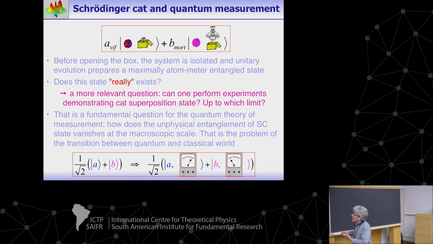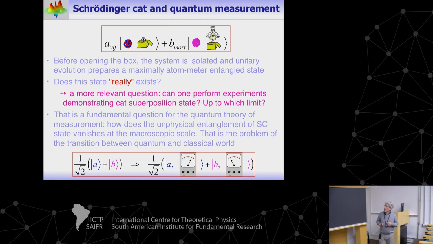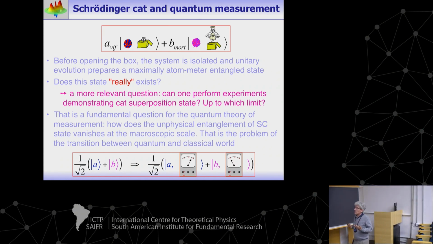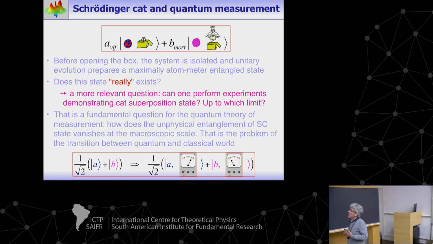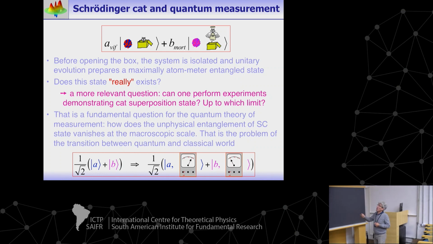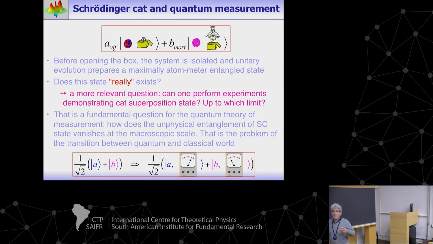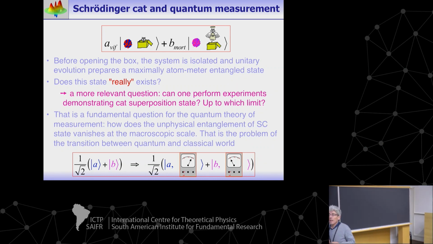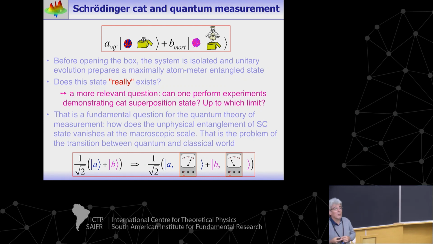And so the goal today is to study this kind of state and to find a quantum model explaining why they are unphysical and why it becomes more and more difficult to observe quantum interference between the two components of the Schrodinger cat state as the cat becomes bigger and bigger and closer to the macroscopic world.